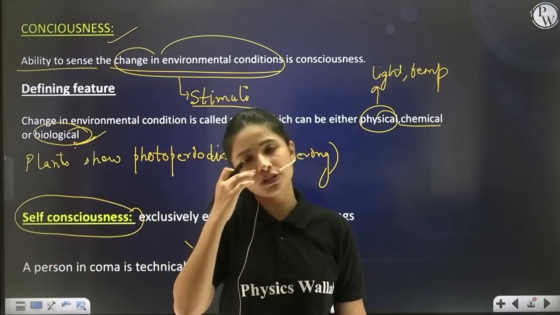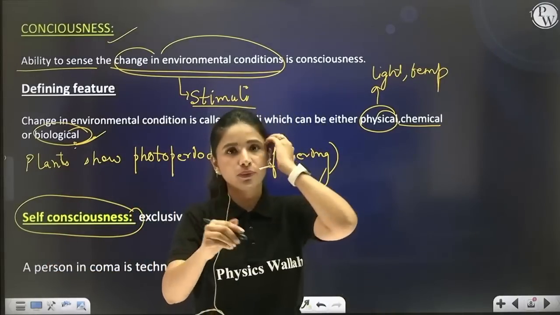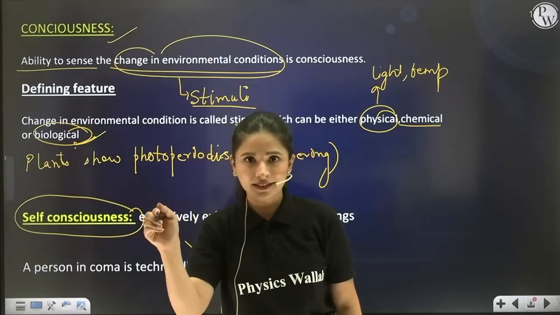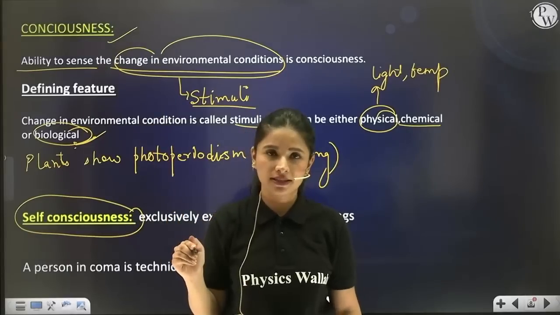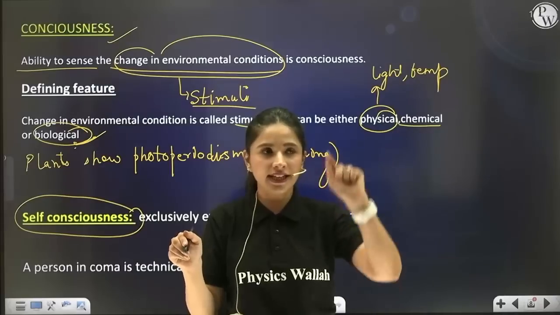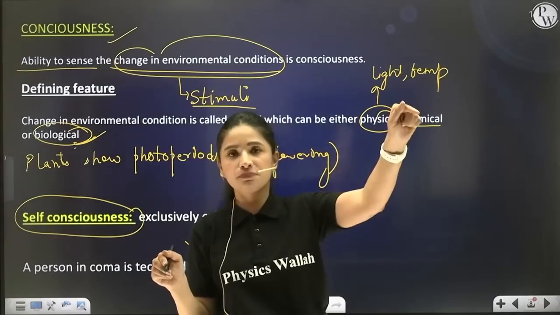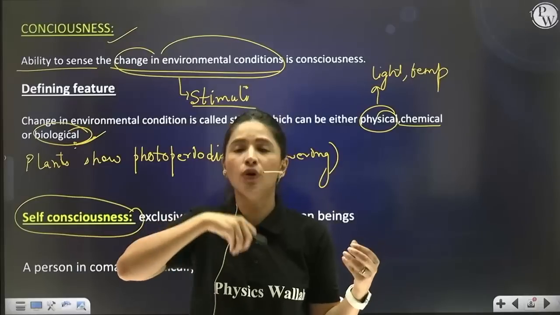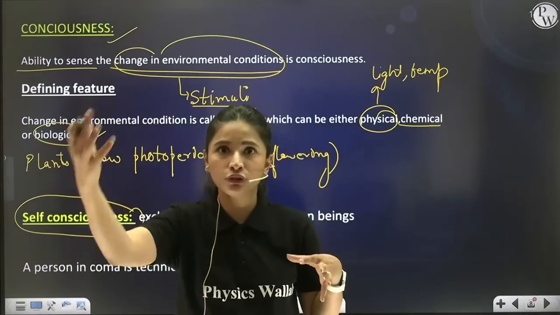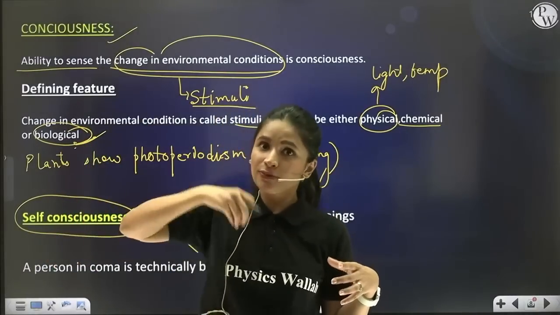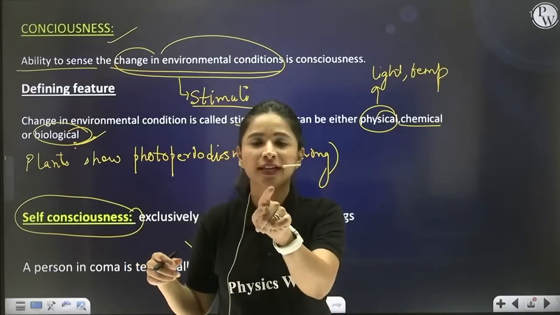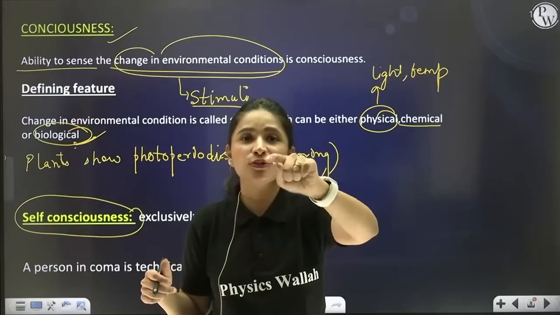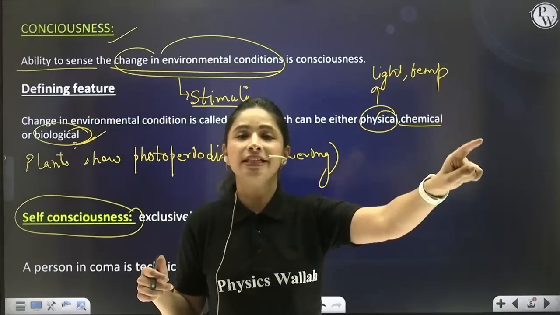And self-consciousness means the ability to sense between good and bad. You know that if you study well, you're going to score good marks. You know if you don't study, then you're not going to get good marks, you are not going to pass, and so on. So you have this thinking, you have your inner soul, one inner voice. Whenever you start doing something wrong, there is one inner soul who is going to tell you to stop. If you're doing something good, then your inner soul is going to tell you to keep doing it.